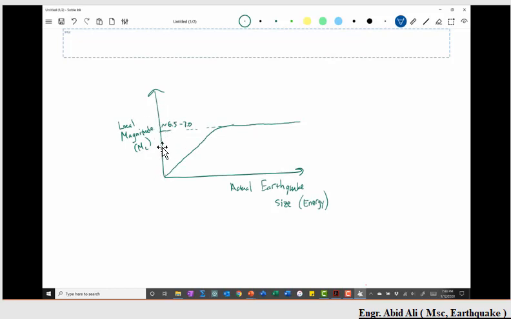What we would see is that as earthquake size grows, the local magnitude would grow together with it until we reach a certain size. It would level out and it was saturated, and that size happened to be right around 6.5 to 7. Even if the energy was much greater, it was still registered as a 6.5 or 7.